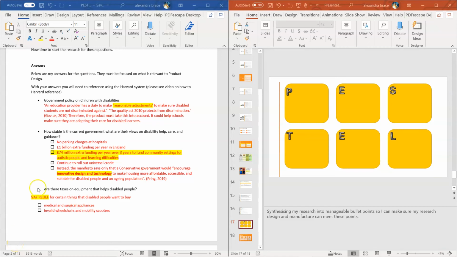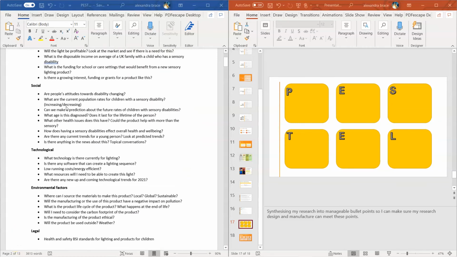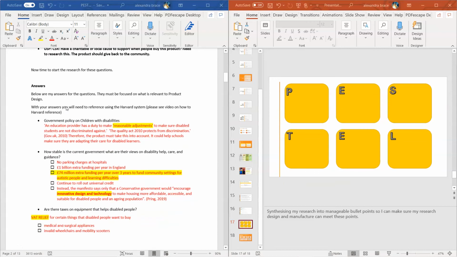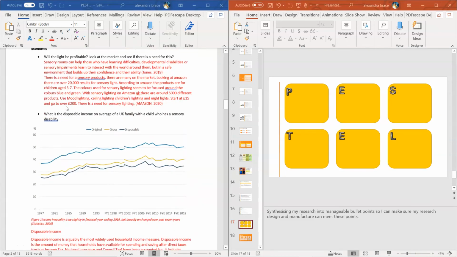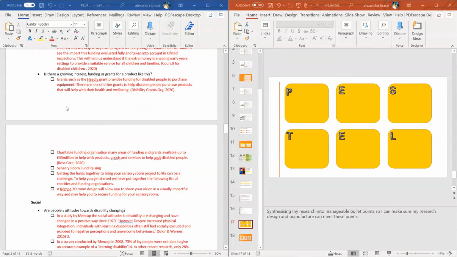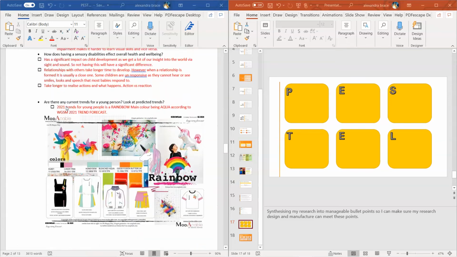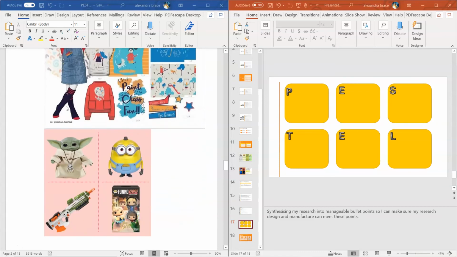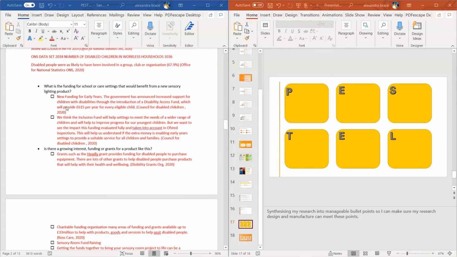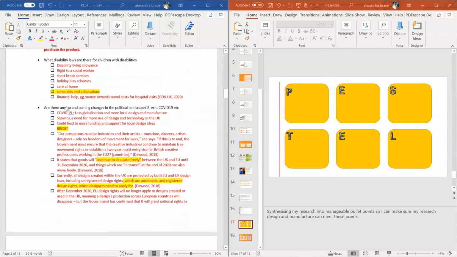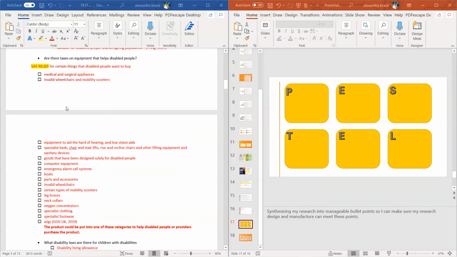Okay, so now I have got my questions and I've been online and I've done a lot of research. So you can see here all of the information that's in red is all of the secondary research that I've carried out to answer the questions that I've got from the PESTELE factors. So now I need to synthesize this research into what I'm actually going to need.